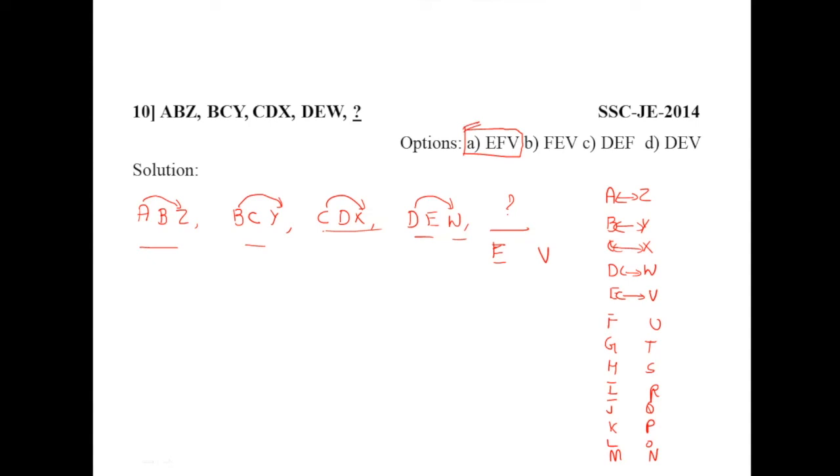Here it is B, C, D, E, so it must be F. It is increasing by +1, again by +1, again by +1, so it must increase by +1. So the answer for this question is option A, that is E, F, V. Thank you so much.